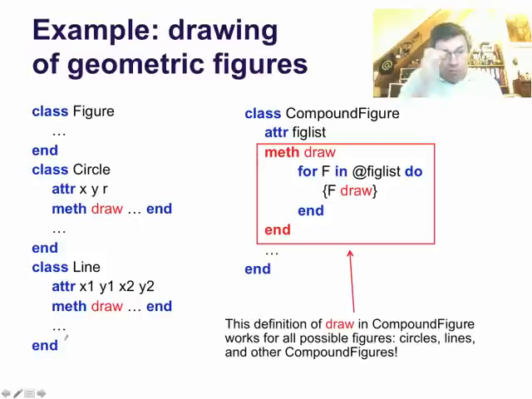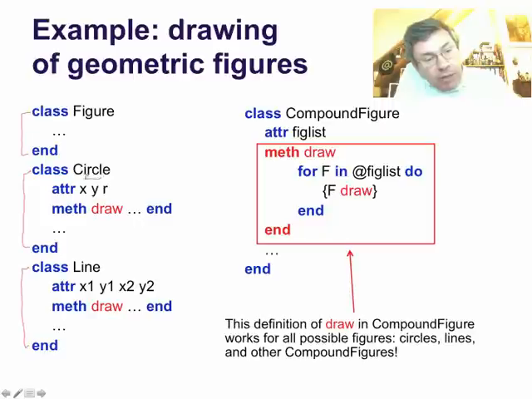So here's a more concrete example. This is an example where I'm drawing geometric figures. I have many classes, and each class represents a certain geometric figure. So for example, the class circle represents a circle, assuming it's two dimensions, with the coordinates of the center and the radius. The class line represents straight line segments with the beginning and ending coordinates.